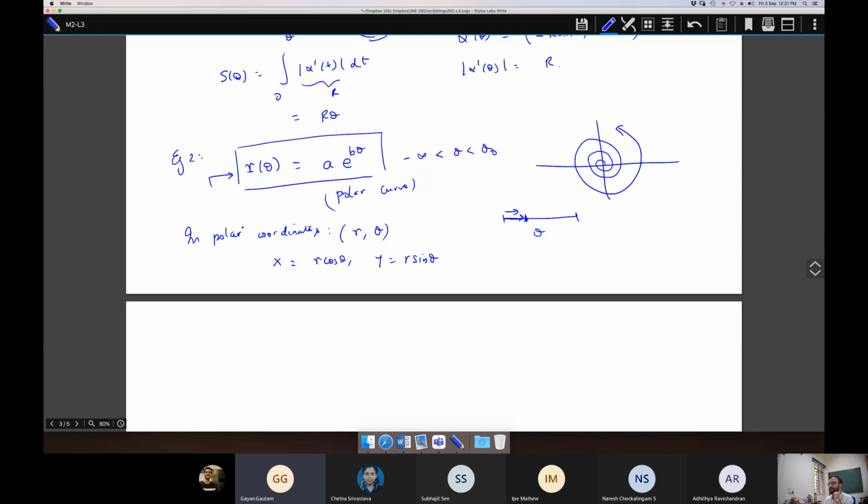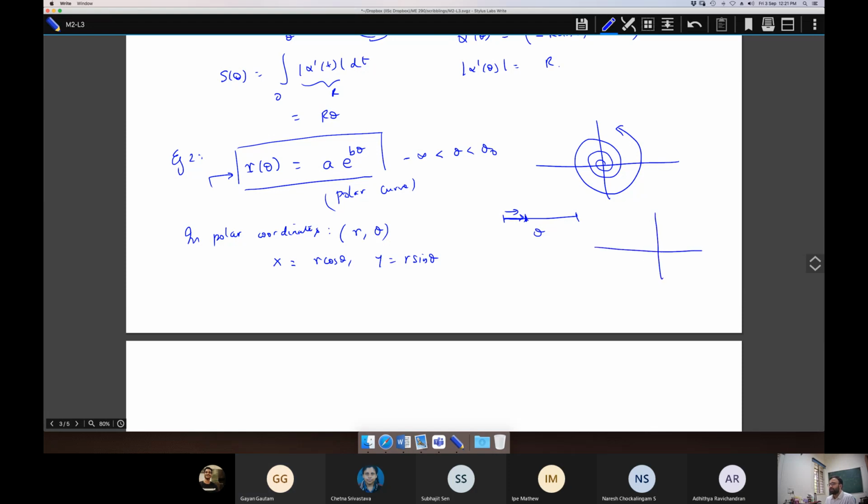We are not straightening the curve, we are winding it. So if you want to plot a point on the curve at angle pi by 4, you put in pi by 4, and this tells you the radius at which to plot the point. This will be r of theta. Make sense?